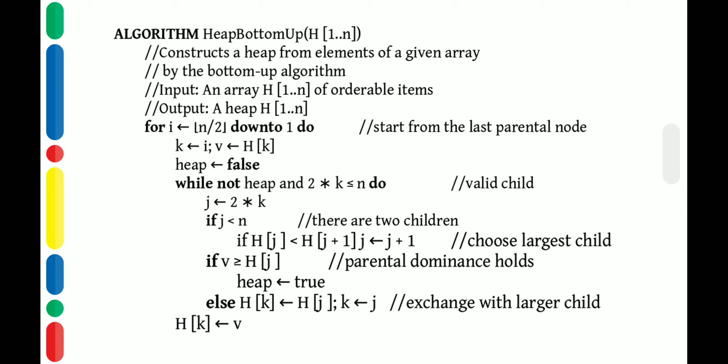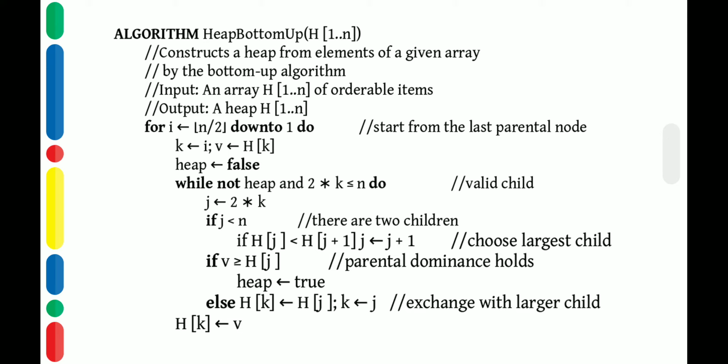Now in each iteration we initialize k to the value of i. So now k is the position of the parent. We want to fetch the value at that position, so v is equal to h of k. In the array, fetch the element at position k. Initially we say that heap is false, that is, the resulting structure or the array currently is not a heap.